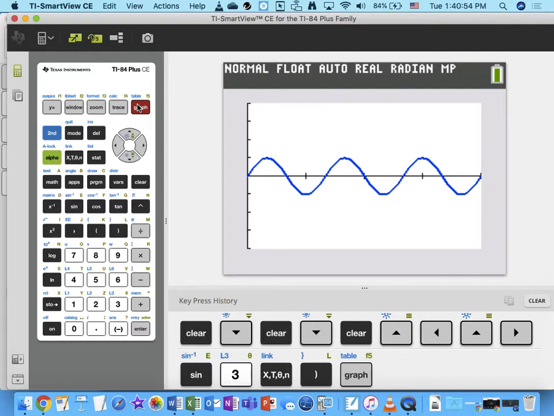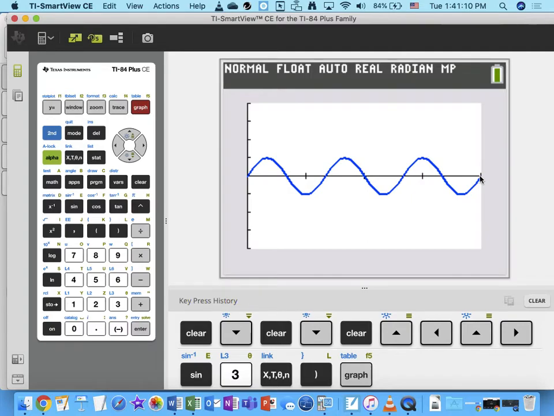Here's my starting point. Okay, that's 1. Do it again. 2 and 3. I have 3 periods within 2 pi.